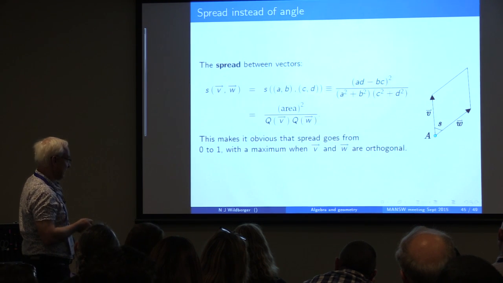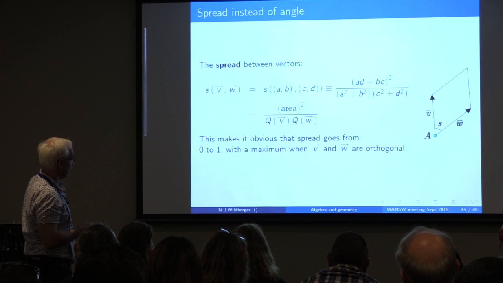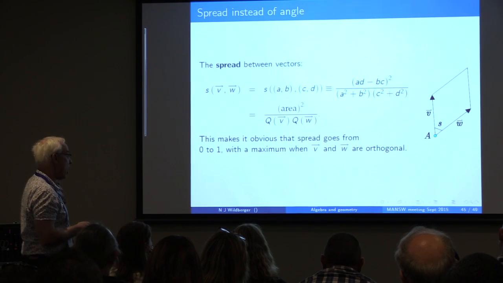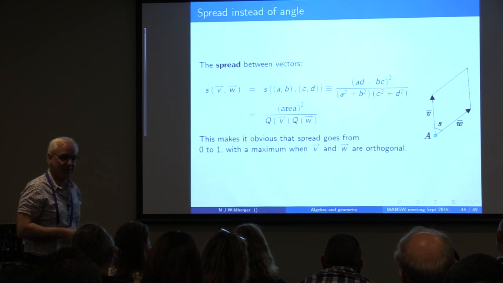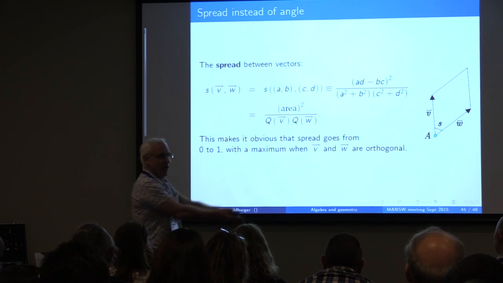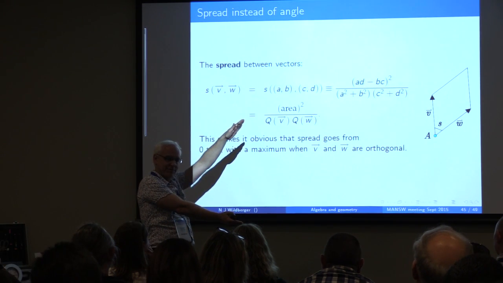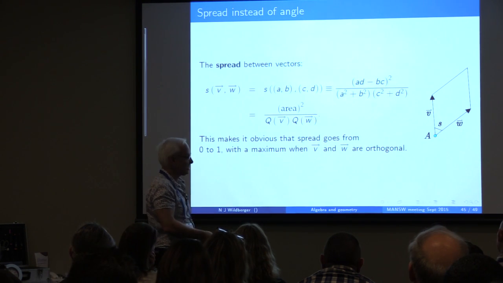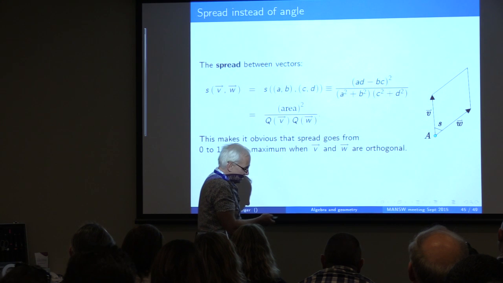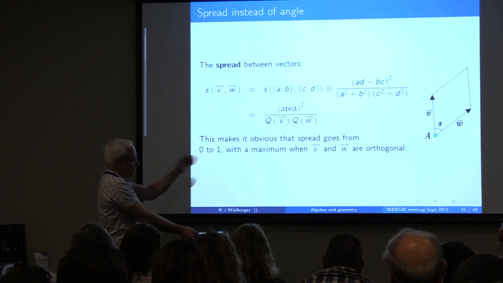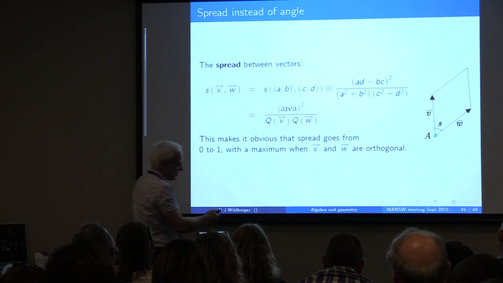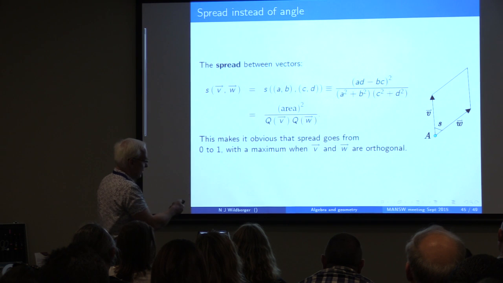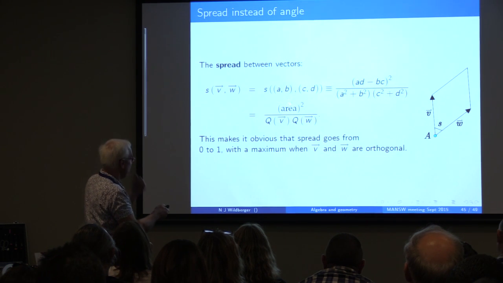Okay, what replaces angle? That's a little bit more crucial, and a little bit more novel also. If you have 2 vectors, V and W, we're all used to the idea that there's an angle, between 0 and 180 or something, depending on which system you were measuring it in. In rational trigonometry, we want to measure the separation between lines in a different way. We use this formula here. There are a number of different formulas, but this is the one that's convenient.